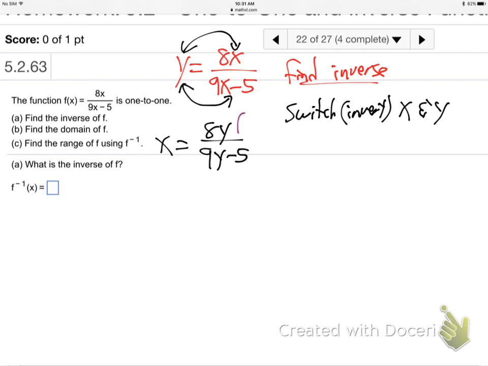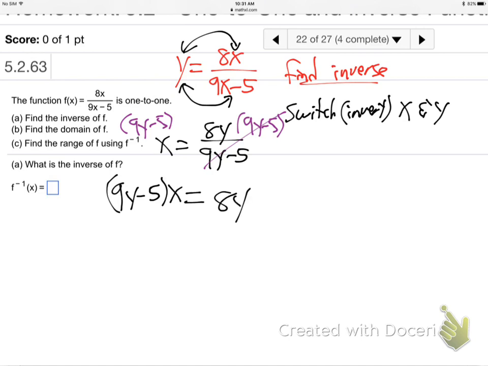You okay? So multiply both sides by 9y minus 5. Boom. It cancels out. And we get over here x times 9y minus 5 is 8y. 9xy minus 5x is 8y. Good so far? Now it gets a little tricky.